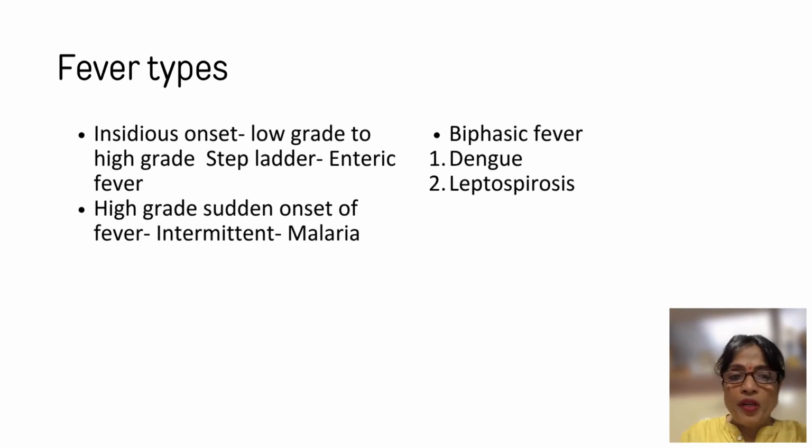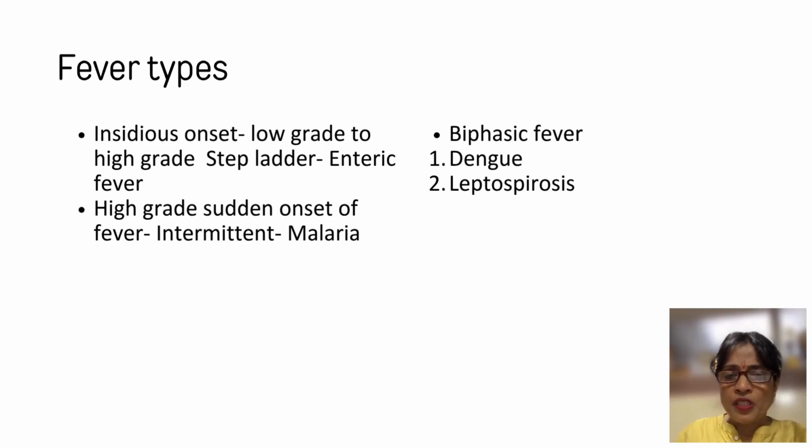Fever is an important component of acute undifferentiated fever. Again, based on the types of fever, we try to differentiate the different causes of acute undifferentiated fever. For example, if it's an insidious onset low grade fever and then moving on to a high grade, which is called the step ladder type, is more characteristic of enteric fever.